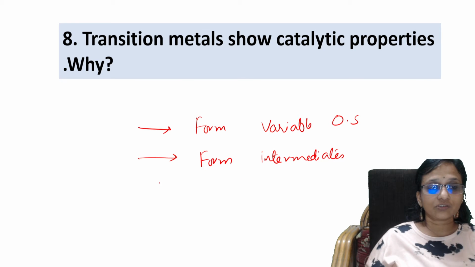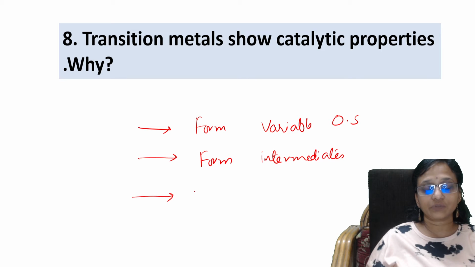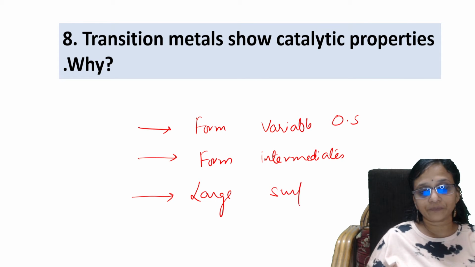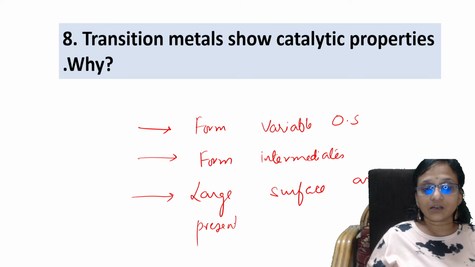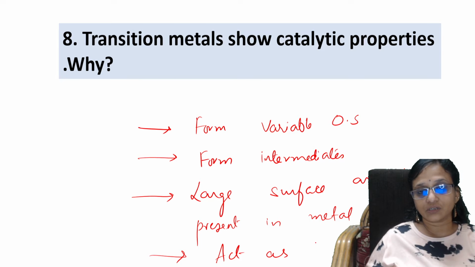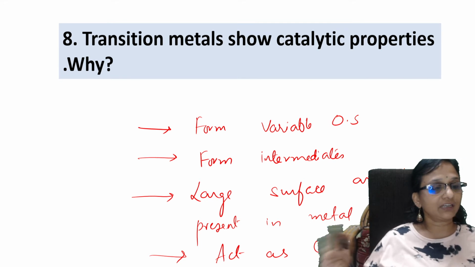Because of this, they provide large surface area. Large surface area is present where? In metal. When a large surface area is present in metal, they act as catalysts. That's all. So don't write a big story, just write the required thing and come out.